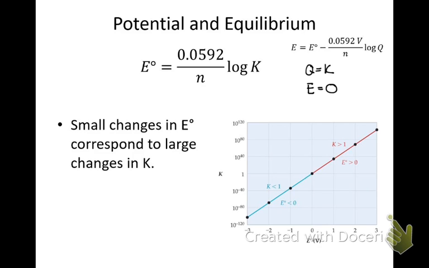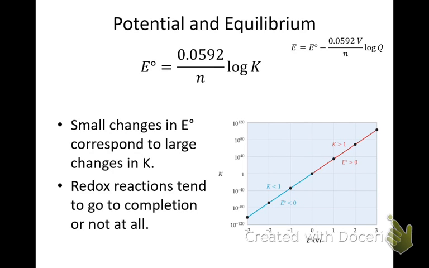Most of them are between -1 and 1. That said, if we see how that would affect K, we end up with a really, really wide range of K values. So small changes in potential result in large changes in K, and that's what that log relationship is showing us.